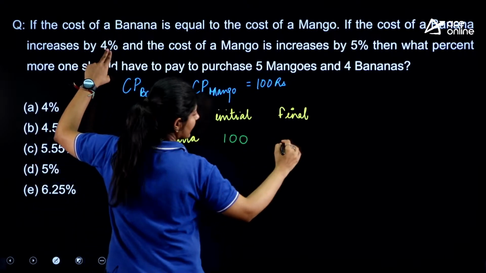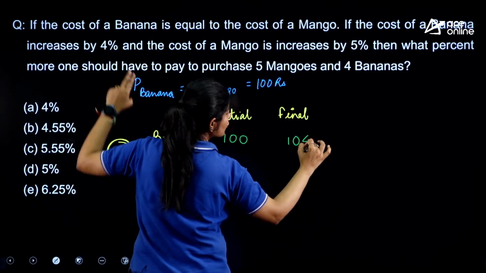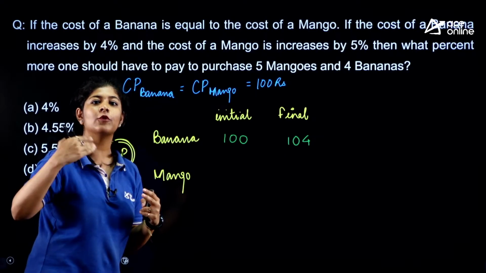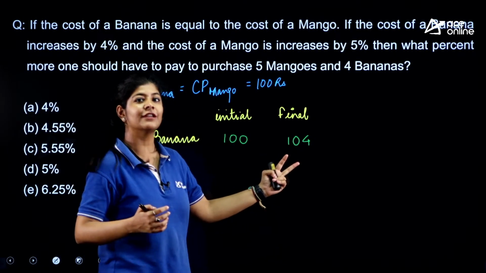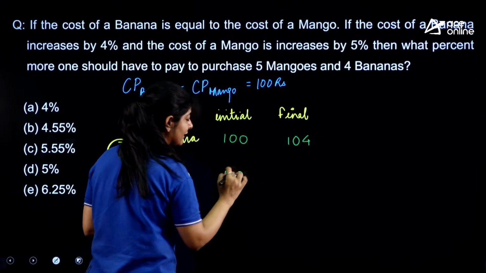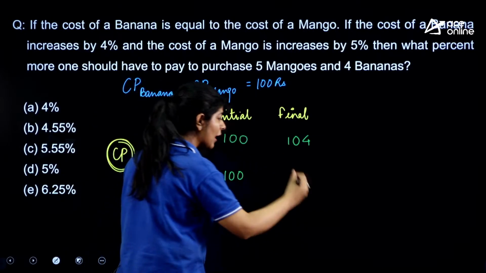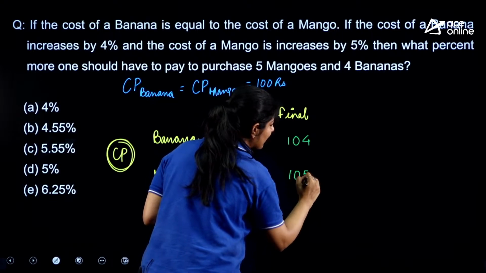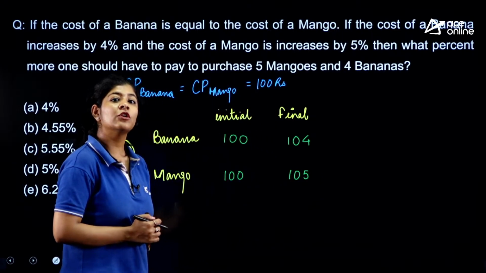Initially we just assume that 100 is the initial cost price. Now because of the increment of 4%, just to buy one banana I need to pay 4 rupees extra. That means I need to pay 104 rupees, right? Now for the mango, initially I was paying 100 rupees to get one mango, but now because of the increment of 5%, I have to pay 105 rupees.